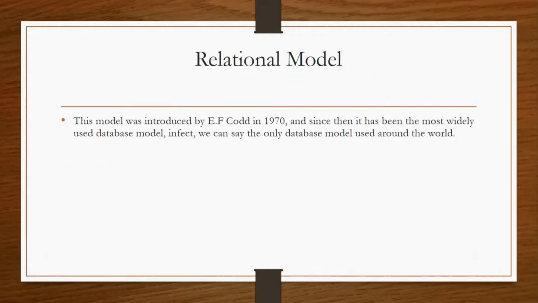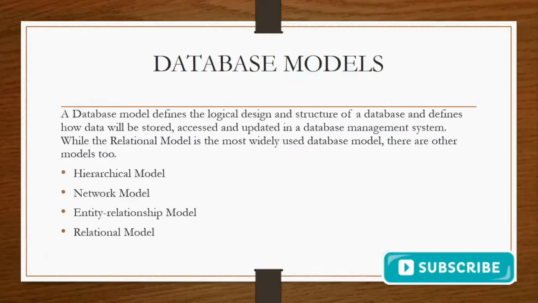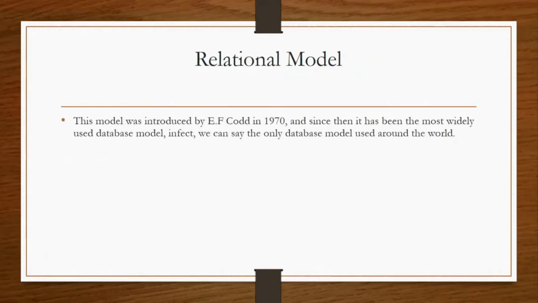The hierarchical model, network model, and entity relationship model: the hierarchical and network models were mostly used between the 1960s and 70s, but after 1970, when the relational model was introduced, it became the most used database model.